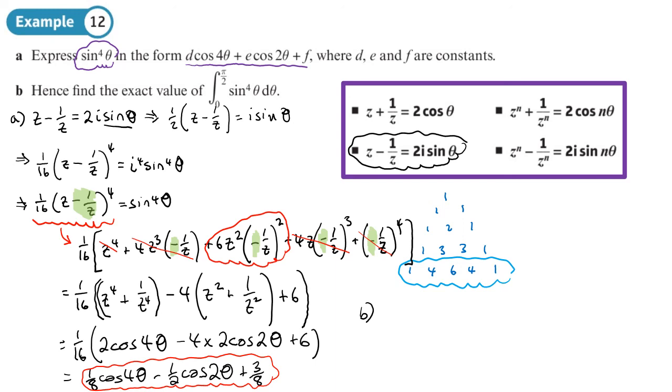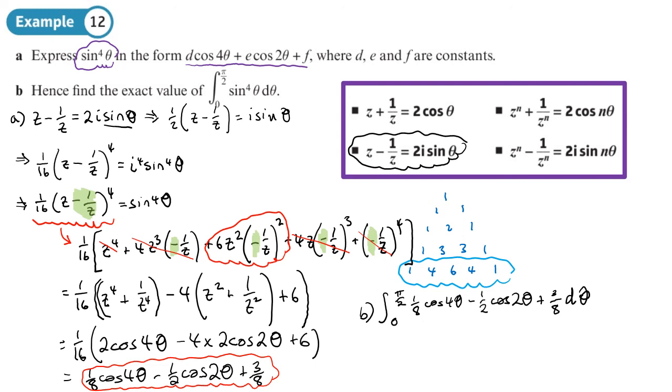So we're actually going to integrate between 0 and pi over 2, 1/8 cos 4 theta minus a half cos 2 theta plus 3 over 8 d theta. Okay, and this isn't too hard.